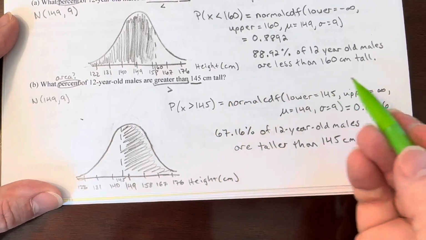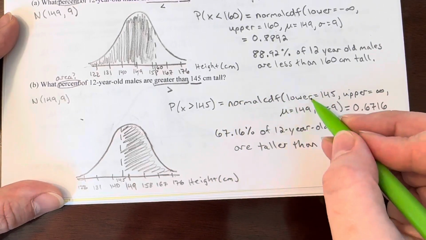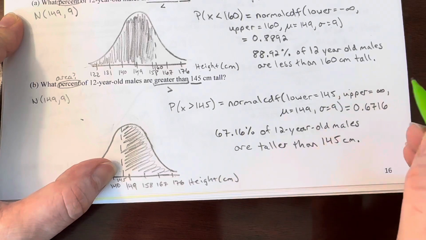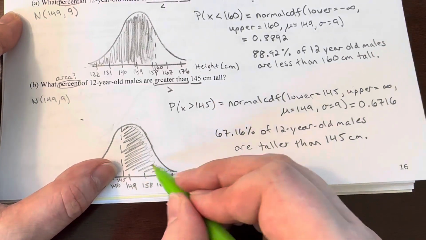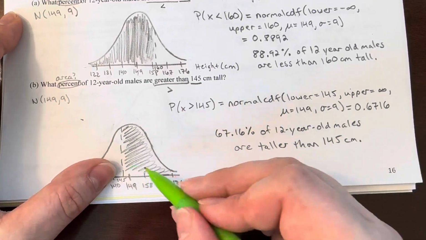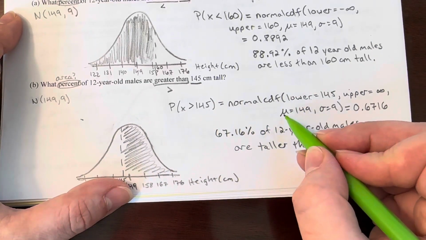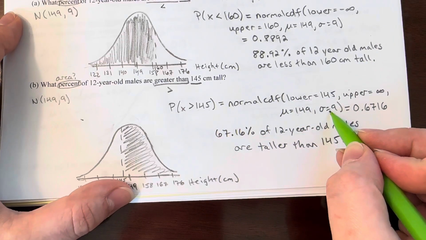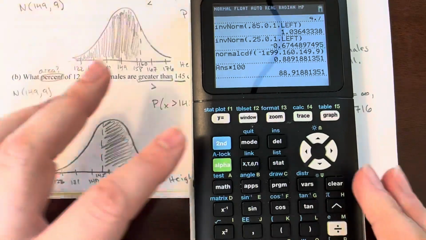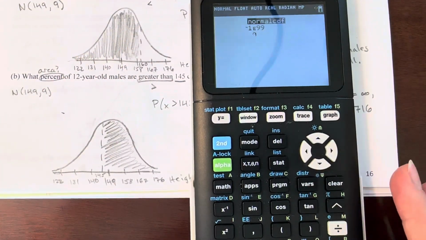My normal CDF is going to be given a lower bound, a left bound of 145, an upper bound, a right boundary of positive infinity because I didn't give an upper level to this. It just keeps going greater. A mean of 149 still and standard deviation of 9. And if I fill this in, second vars, go to normal CDF.